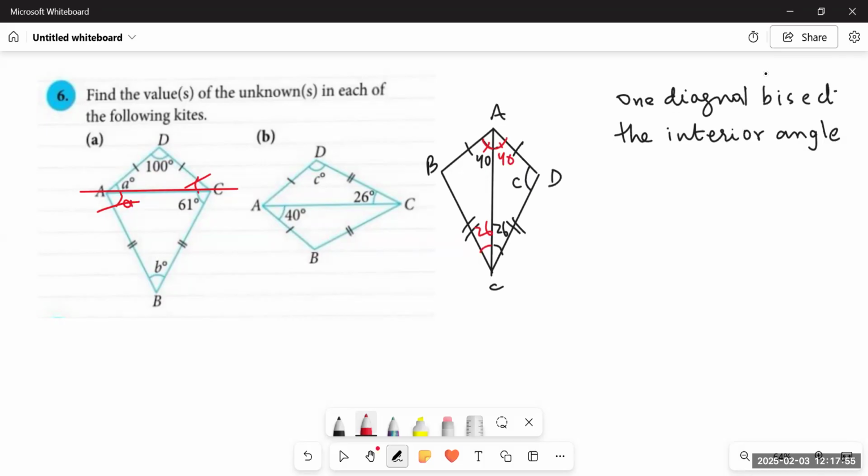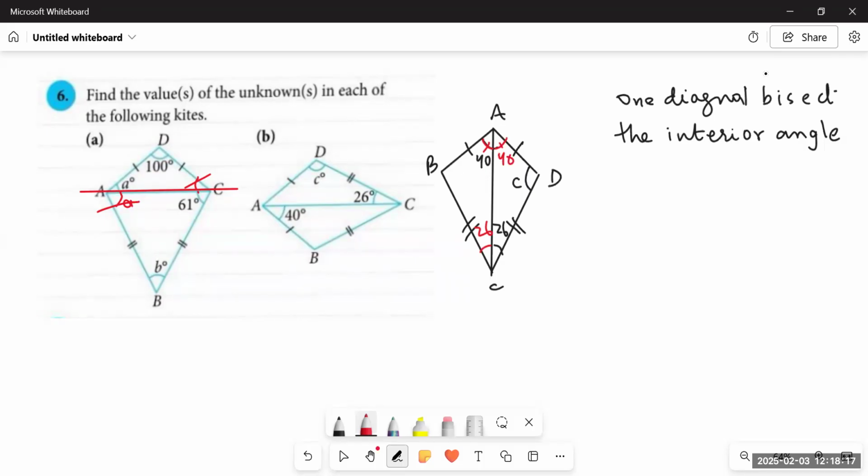Earlier, we had two isosceles triangles. So we used the properties of triangles when we had a diagonal line that was horizontal. But in this case, when we have a vertical diagonal line, we do not have two isosceles triangles, but this line has bisected the interior angles.